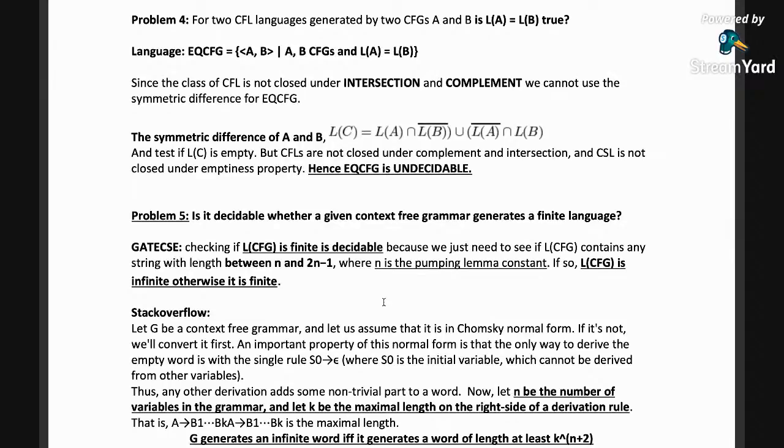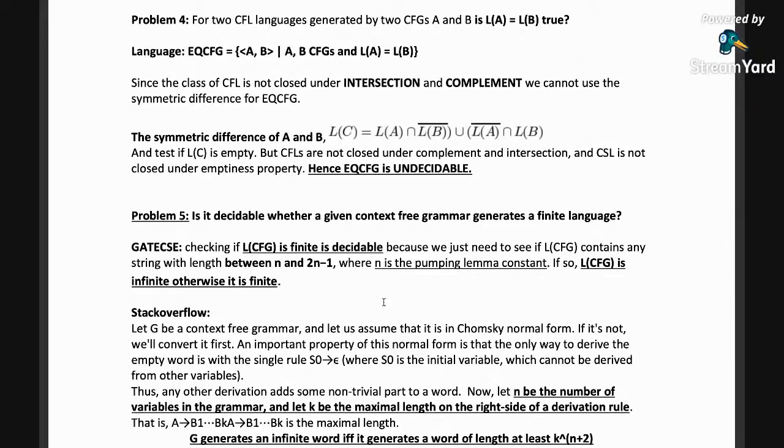The symmetric difference of A and B equals L of A intersection complement of L of B, union L of B intersection complement of L of A. Then we would test if L of C is empty.